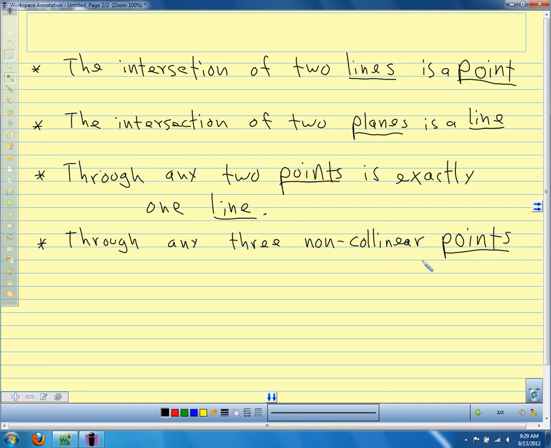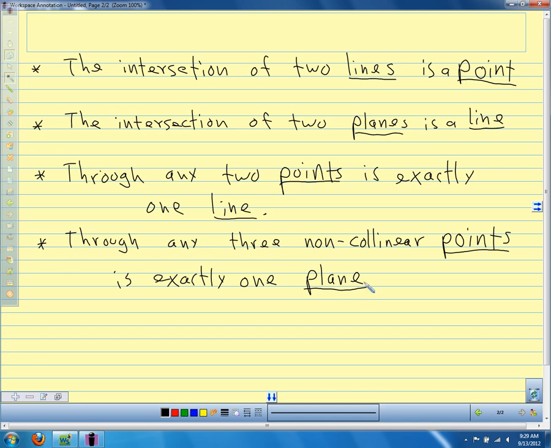Through any 3 non-collinear points is exactly one, what did we say the other day goes through any 3 points? A plane. And my example was the bottom of the legs of a stool. The bottom 3 legs of the stool are always going to sit flat. So through any 3 non-collinear points is exactly one plane.